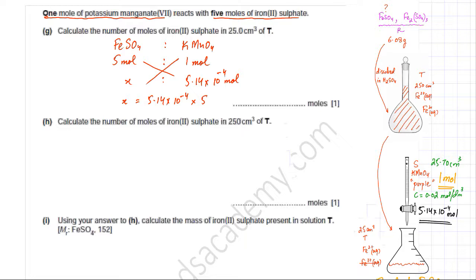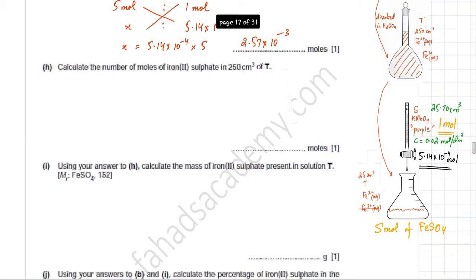And using my calculator, the answer that my calculator gives is 2.57 into 10 raised to the power minus 3 moles of FeSO4 would be in the flask. So let's put that over in the sketch as well. So it's going to be 2.57 into 10 raised to the power minus 3 moles of FeSO4 in the flask over here.